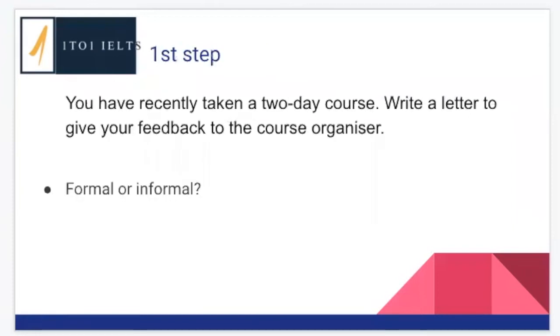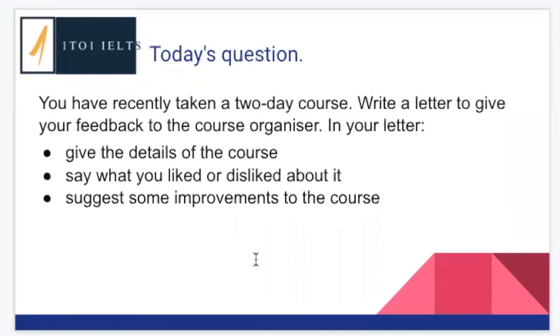Another question. If we don't expand or explain one of the bullet points, or if we write under 45, but the other bullet points are over 55 or about 60, that affects our task response.